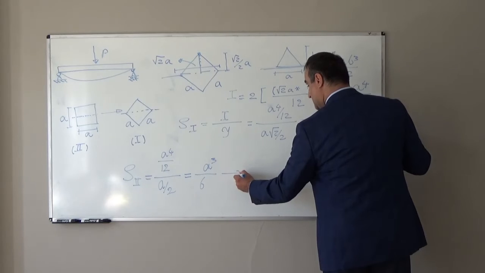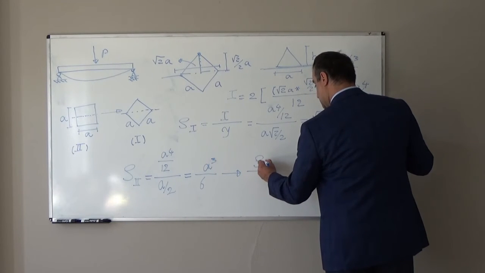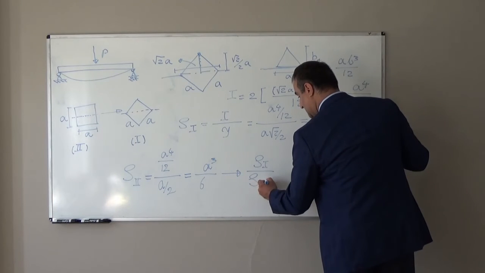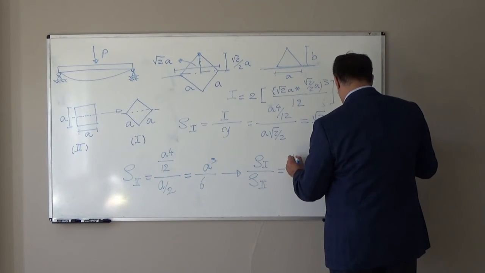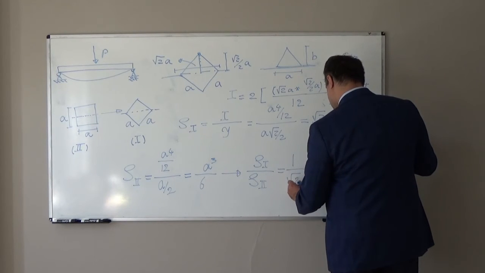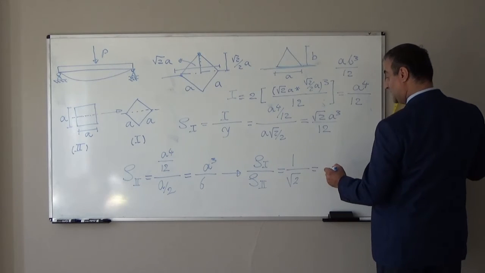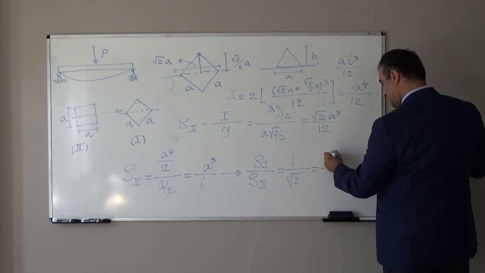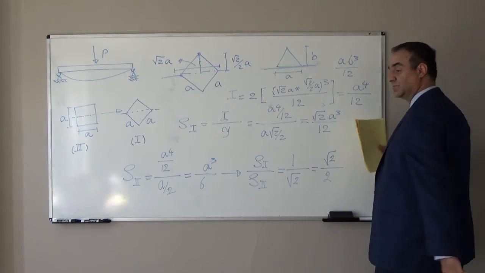So the ratio of section modulus 1 to section modulus in case 2 will be equal to 1 over square root of 2. This will be equal to, I can write, square root of 2 over 2.